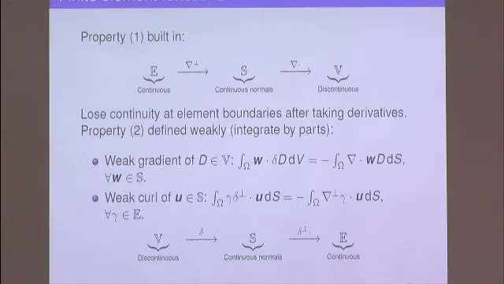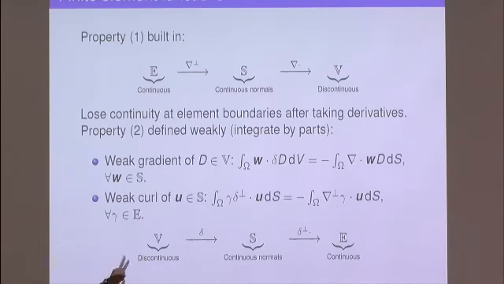So I take a test function w from the velocity space, and I define my approximate gradient, this delta being my discretized approximation to the gradient, as follows: for any arbitrary velocity test function from this space, the integral of w dotted with the gradient is equal to minus the integral of the divergence of w times d. I'm allowed to take the divergence of this because it's living in this space here. So this is just the integration by parts formula for the gradient, and this is the finite element approximation of this gradient.